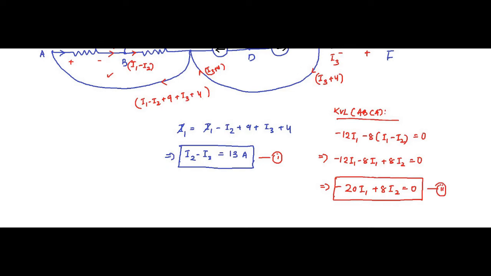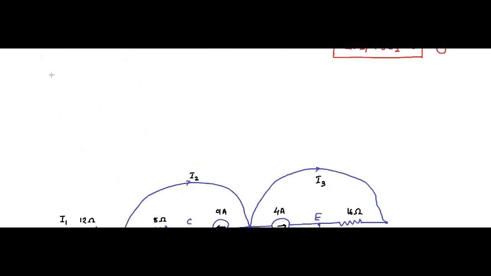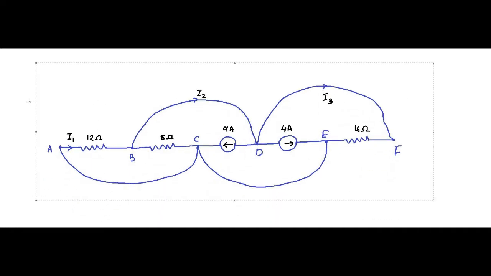Now let us apply another KVL. It will be a very interesting one. We apply this KVL in this entire path. Deliberately I have taken this figure as separate. We will be applying the KVL in this direction, starting from A. Please pay attention here.